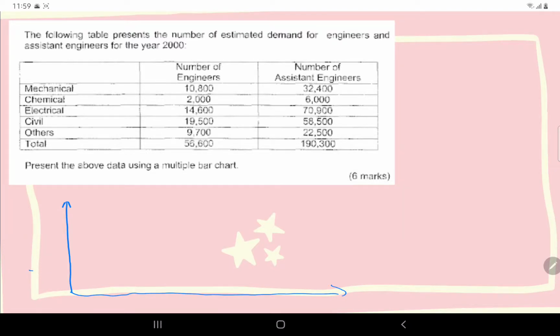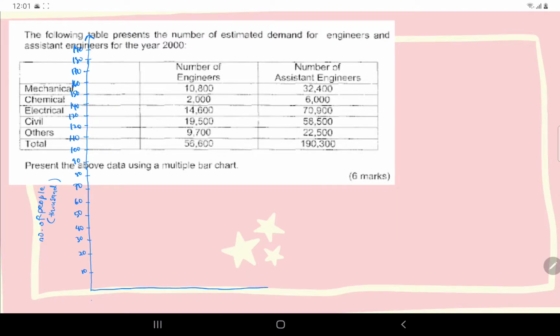This is the number of people in thousands, so that we don't need to write large numbers. If we put thousands here, our numbers will be just one and two digit numbers.